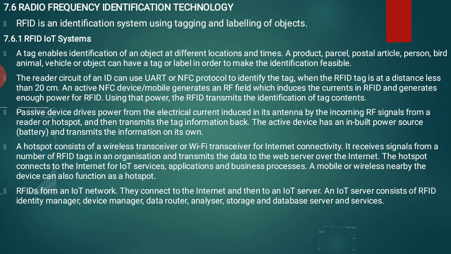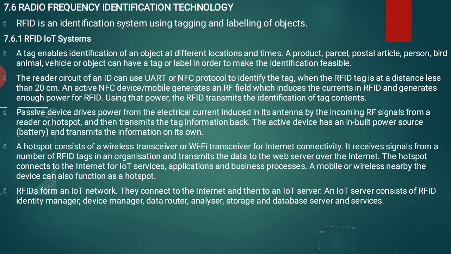So within an organization, the RFID signals can be transmitted through the internet and the web server to the target device. The hotspot connects to the internet for IoT services, applications and business processes.